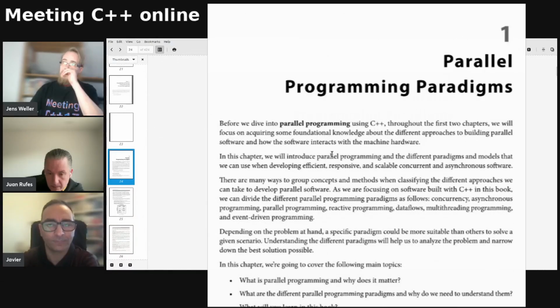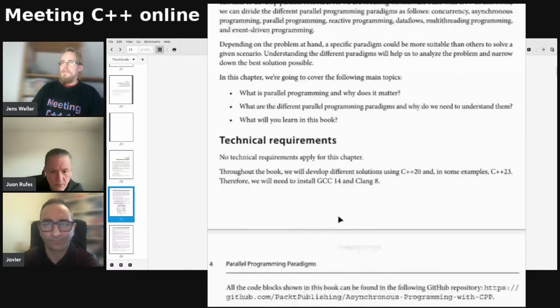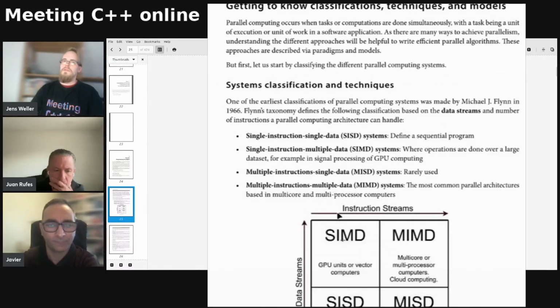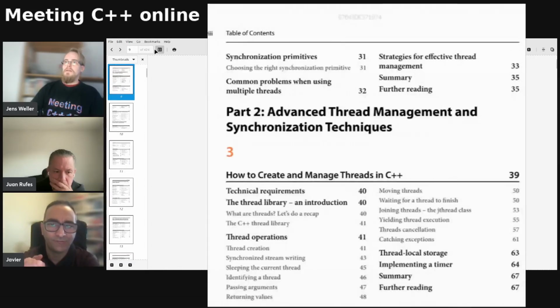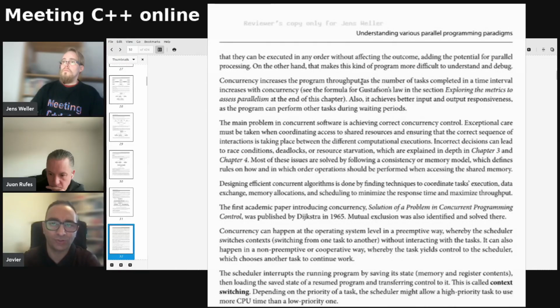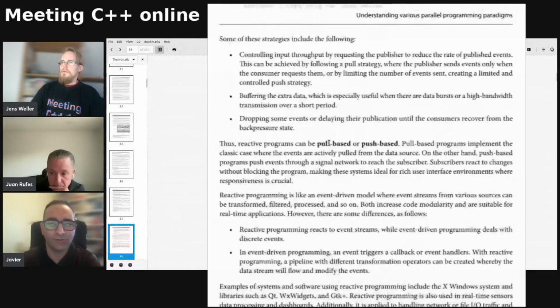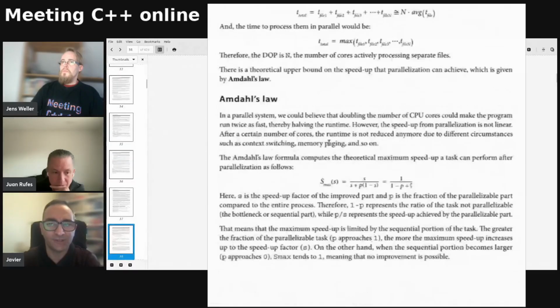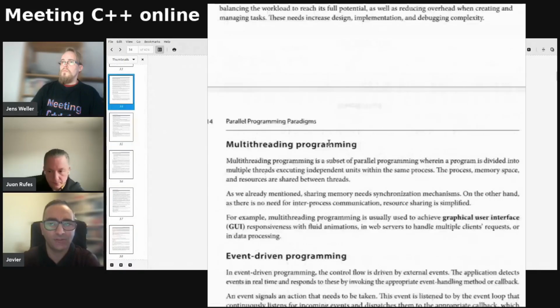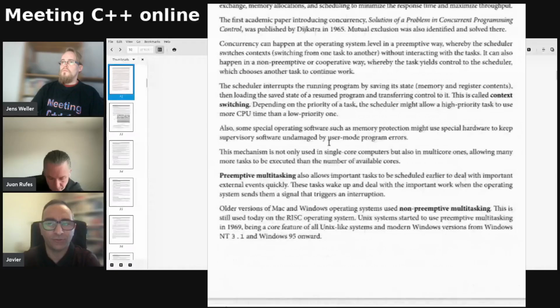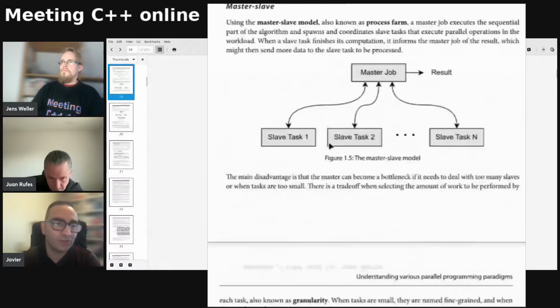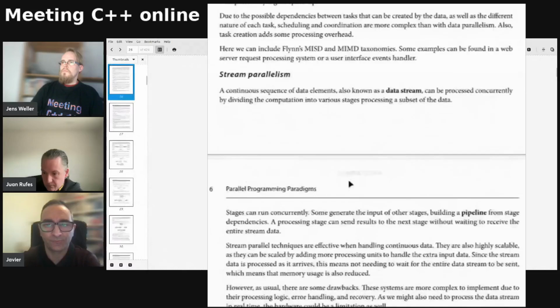But yeah, this is the parallel programming paradigms where you start, and I think it's important to have those things sorted out at the beginning. And for example, on that figure that you showed there, the SIMD and MIMD, etc., is also a nice way to differentiate the different systems that exist, and depending on the system that you are using for your software, you have to adapt the different asynchronous and multi-threading functions.